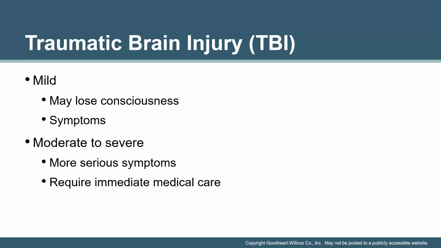If you understand how the chronic stress principle works, that's why. So traumatic brain injury in the moderate to severe category. Obviously it gets a little bit more intense and severe with symptomatology, and you'd require immediate care.